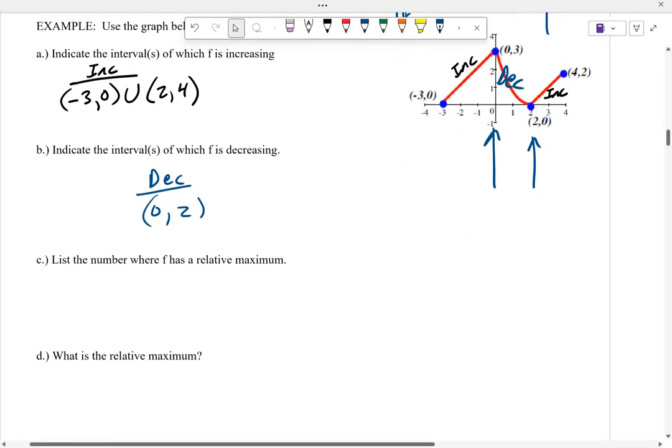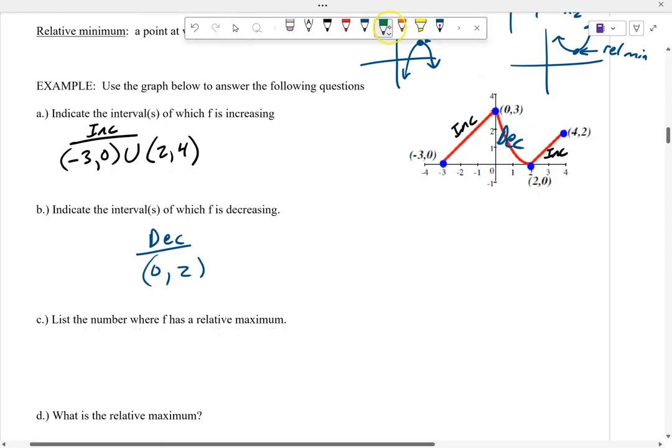Now, do we have a top of a hill or a highest point in an interval, a relative maximum here? Where do we have a relative maximum? Hopefully you say right here is a highest point in an interval, the top of the hill, so (0, 3).